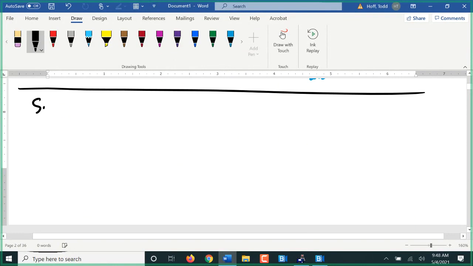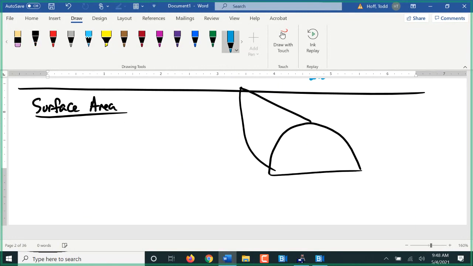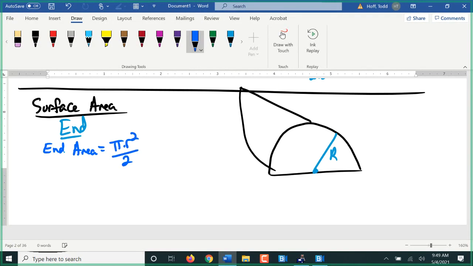Let's talk about surface area. If I want to talk about the surface area of the end of this, well, this is just a half circle here, isn't it? So that surface area of the end is just the area of a circle, pi times r squared divided by 2, because it's half a circle.